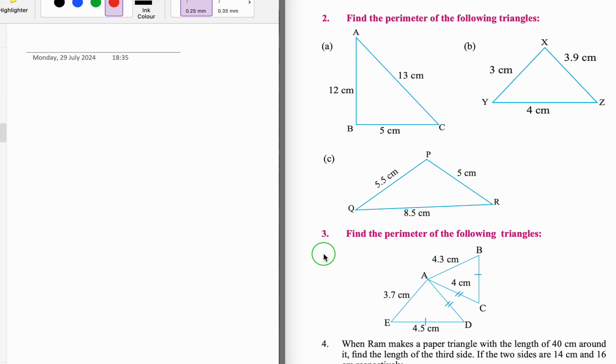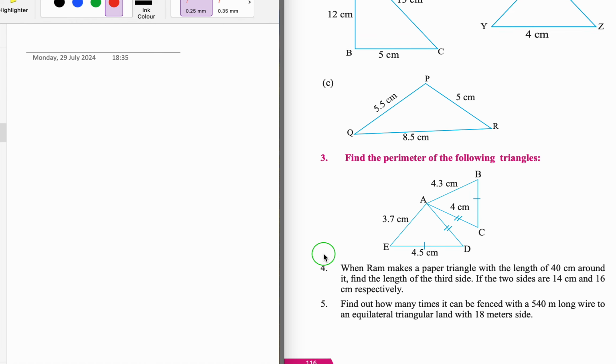And the 4 number question is, now I want to solve the 4 number question. We have one Ram who makes a paper triangle. He is making a paper triangle with a length of 40 centimeter around it.